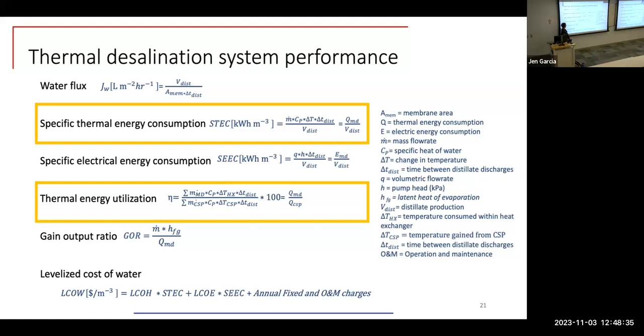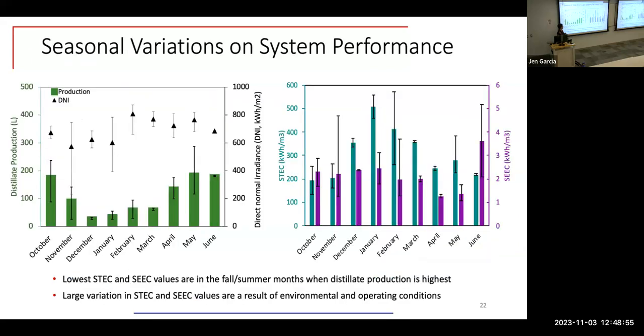Similarly, what's our thermal energy utilization? How much energy is our desalination using compared to how much we're producing? So those are a couple of pretty straightforward performance indicators that we use to look at some of the temporal effects that go into play in our system.